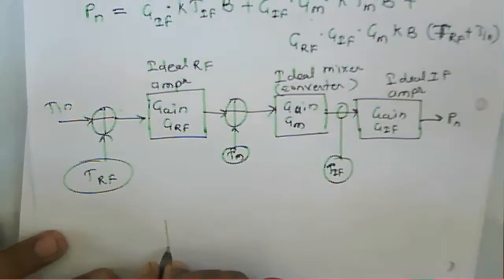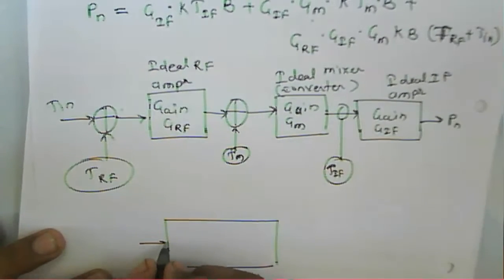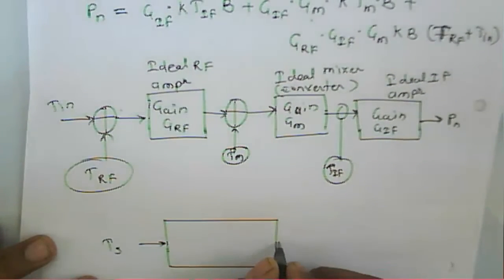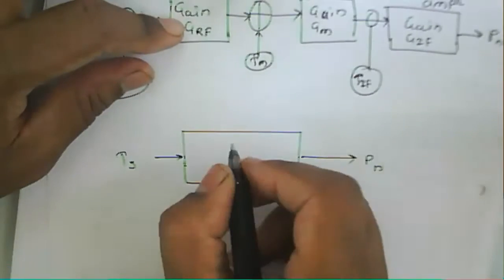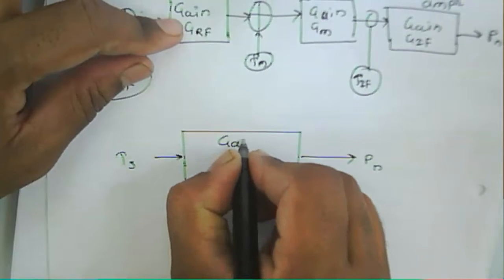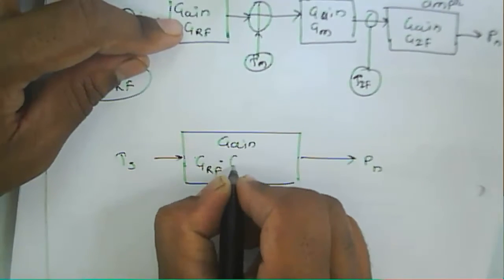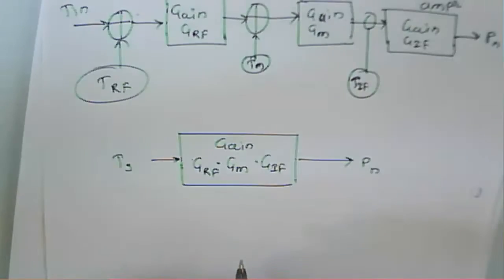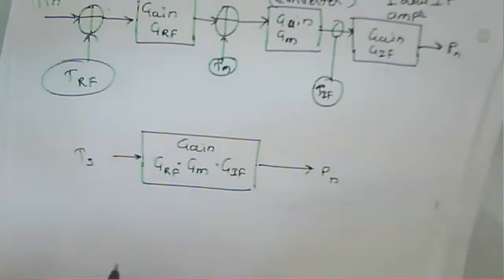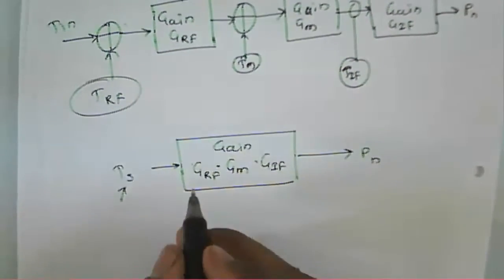So if you consider the overall system, that will be TS and a noise power. And here we have the gain terms GRF, then GM and GIF. So that is the system noise temperature.